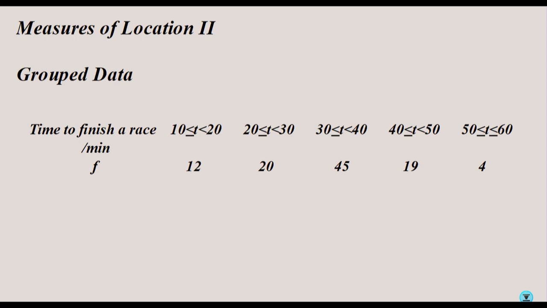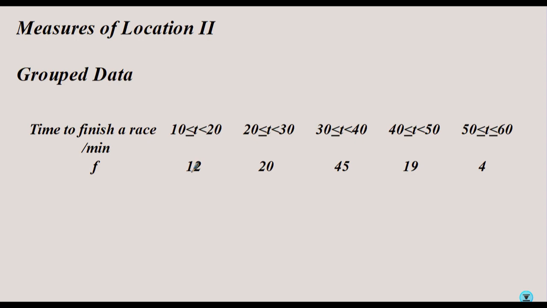So here we have the time to finish the race, and let's say the first interval is from 10 inclusive to 20 exclusive. That means that in the first 10 minutes after the beginning of the race, 12 people have arrived. Then in the following 10 minutes, 20 people arrived, and so on. So obviously, those are the real top athletes.